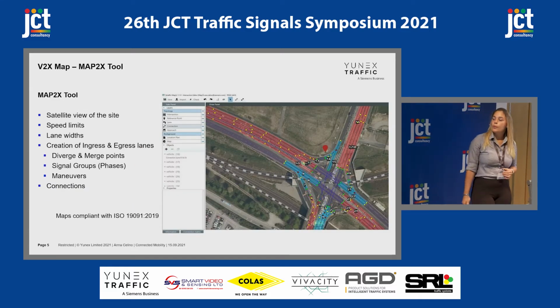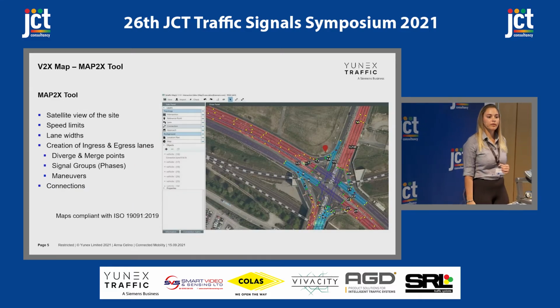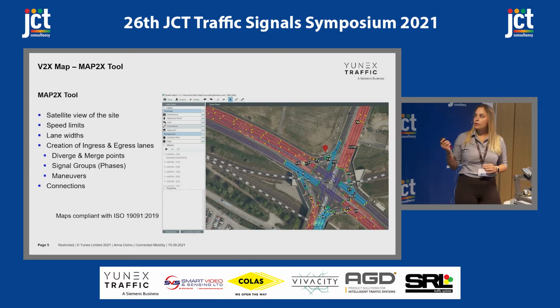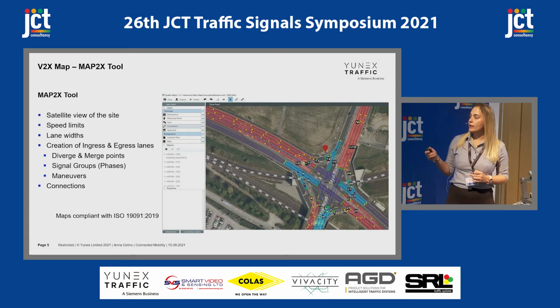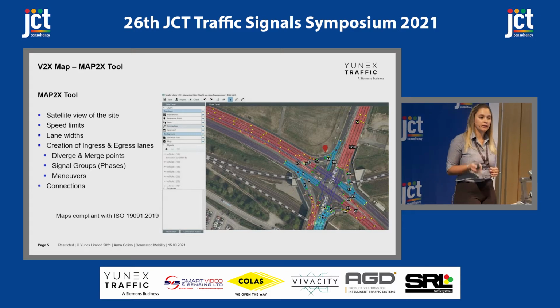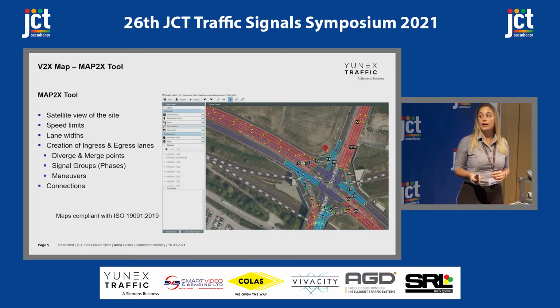About our scope, we started with the creation and elaboration of the MAP, using our internal Map2X tool. As you can see, we can create lanes, ingress and egress lanes. We can adjust speed and lane width based on each site.